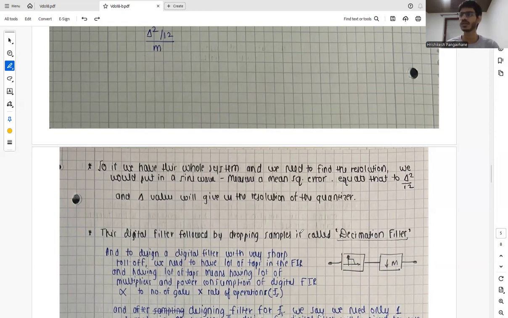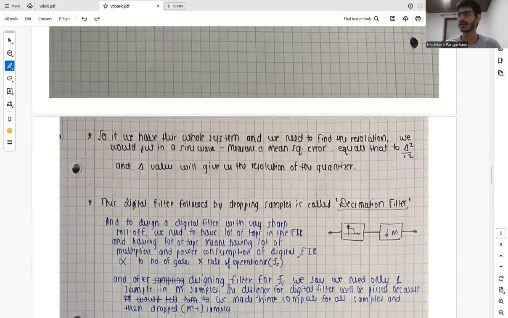So we need to have a lot of taps in the FIR filter, and having a lot of taps means having a lot of multipliers, and power consumption for a digital FIR is directly proportional to the number of gates multiplied by the rate of operation, which is basically Fs.